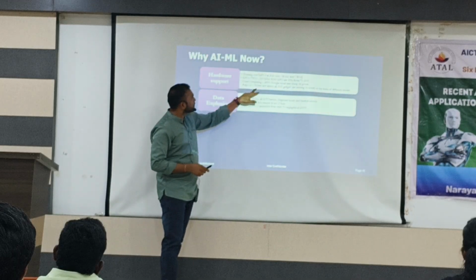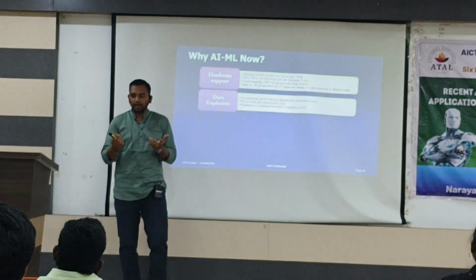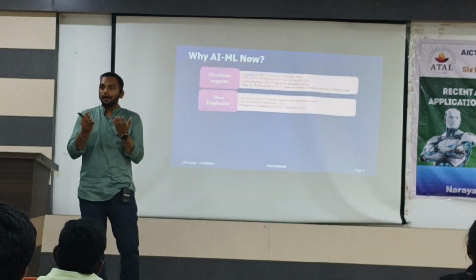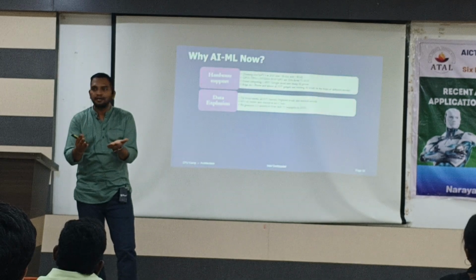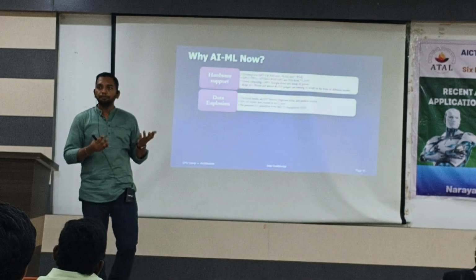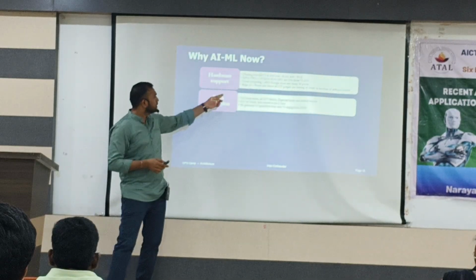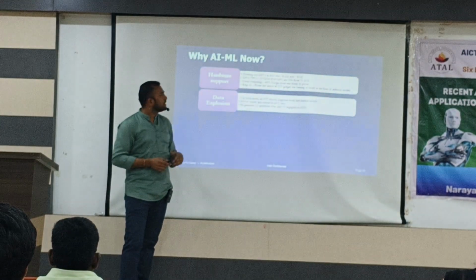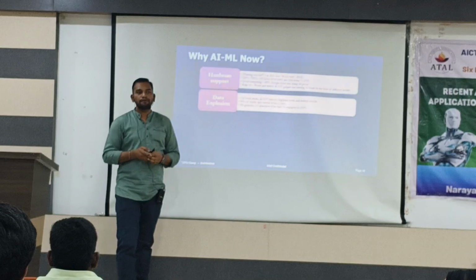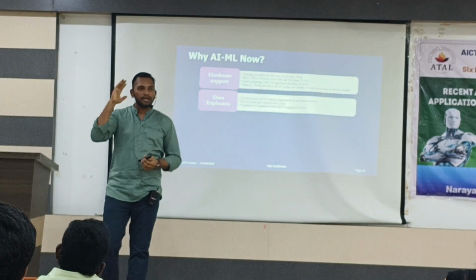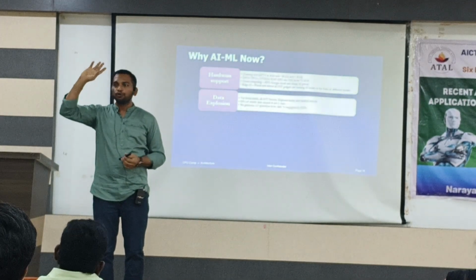So, now coming to the CPU and GPU, we now have a lot of NVIDIA A800 and H100 chips, and the latest Xeon CPUs from Intel. And even cloud computing, right? You might have heard about Amazon AWS, Google Cloud.